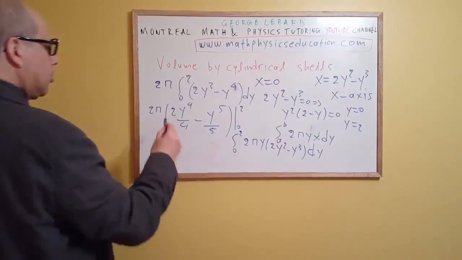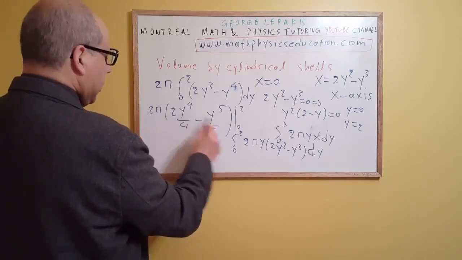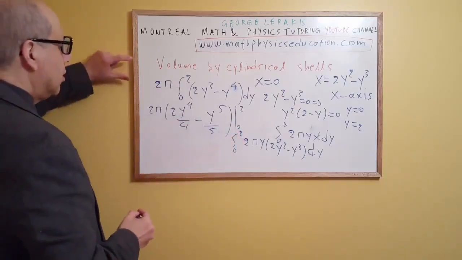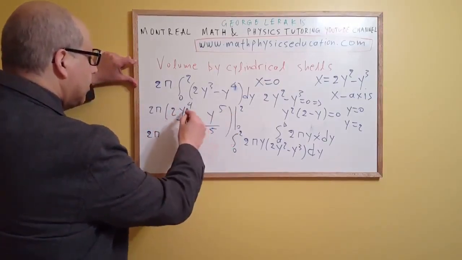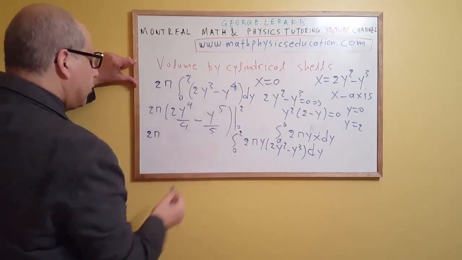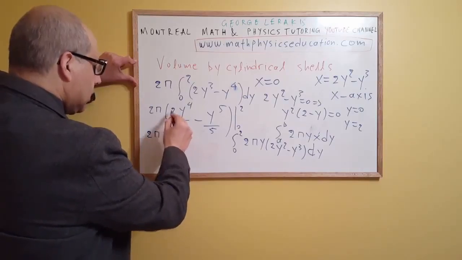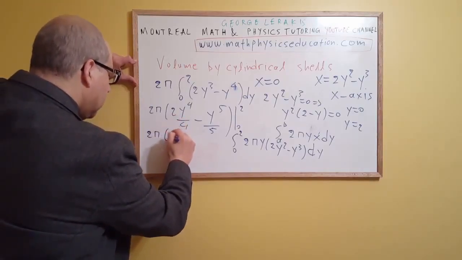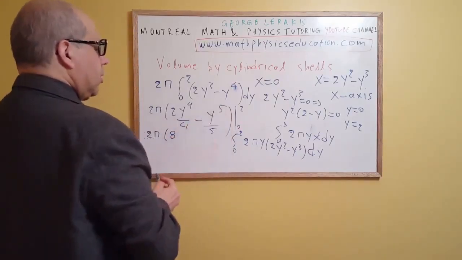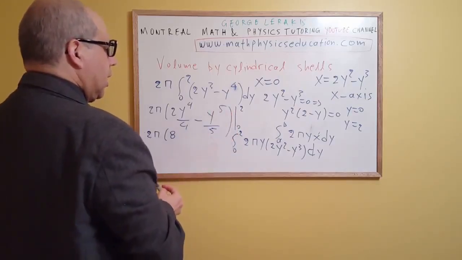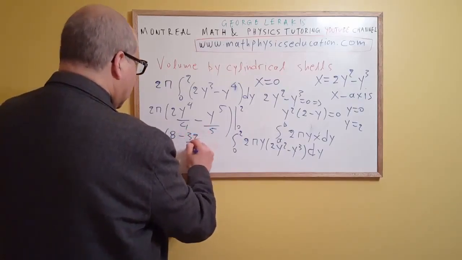That means that once you substitute y equal with 2, and then subtract for y equal with 0, that will give you 2 pi, and this here will be 2 to the fourth, 16 over 4, which is 8, and this here is 2 to the fifth, which is 32, so minus 32 over 5.